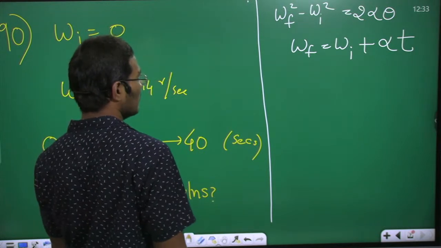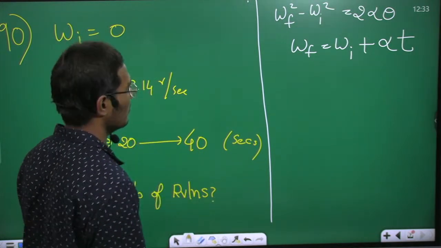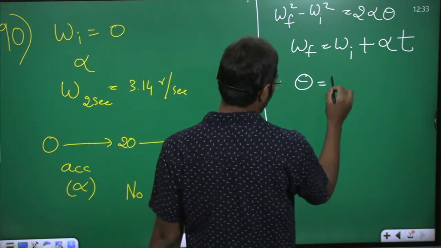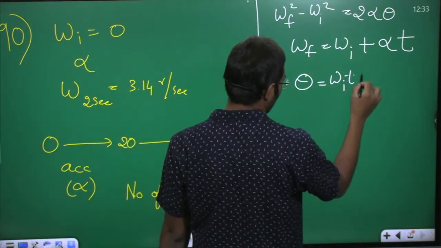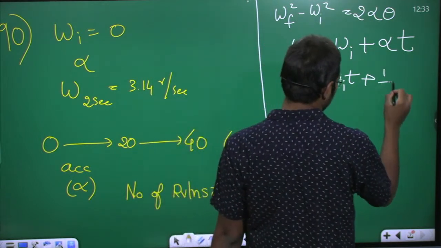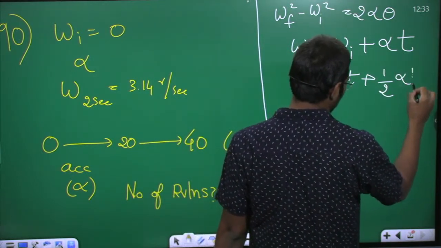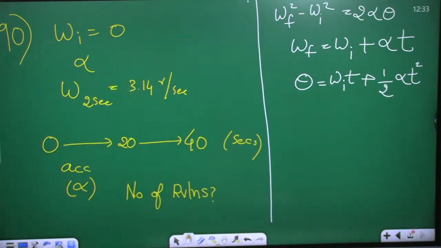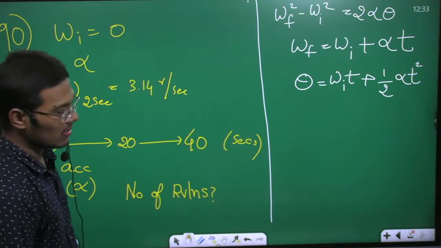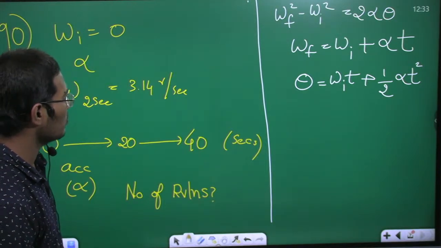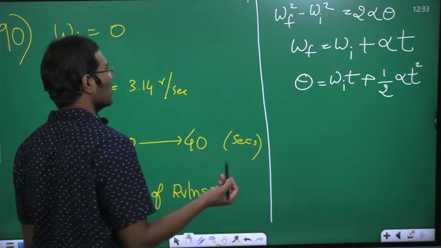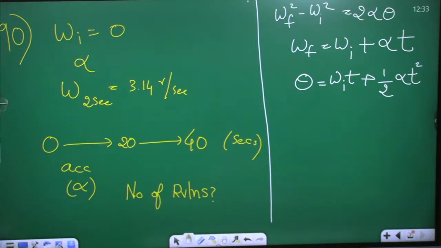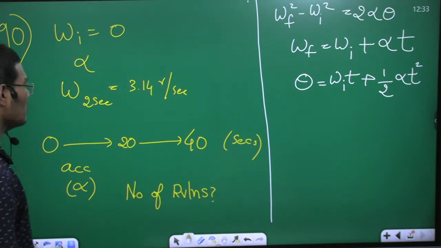These are the three basic equations that we have. These are similar to linear motion. So what else can be done so that the number of revolutions can be found?